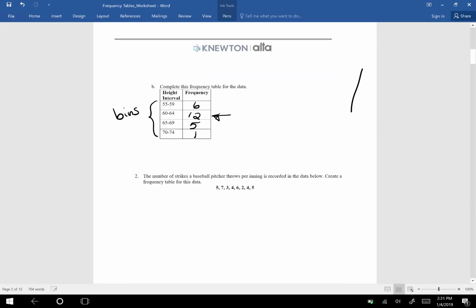The number of strikes a baseball pitcher throws per inning is recorded in the data below. Create a frequency table. Now, we could do bins here, or we could just list out our data numbers. So this is strikes per inning, and then our frequency.